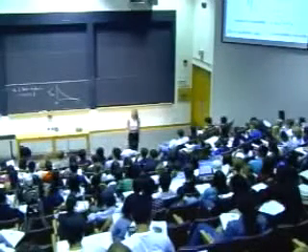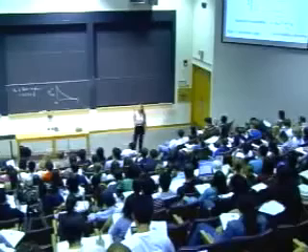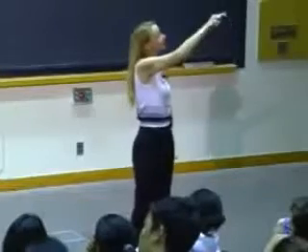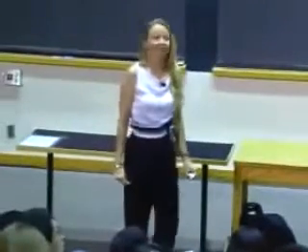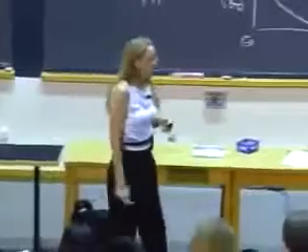Okay? That is really important, that you understand that this radial probability here is always going to be 0 at r equals 0 for all of the wave functions that we're going to look at. Okay?